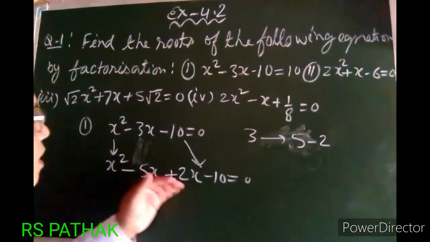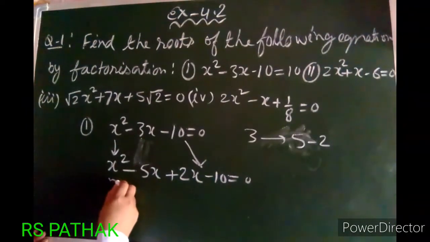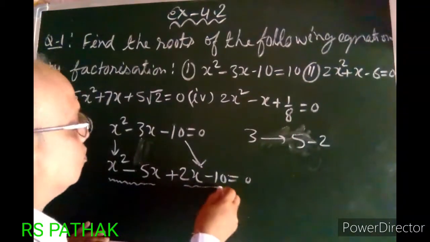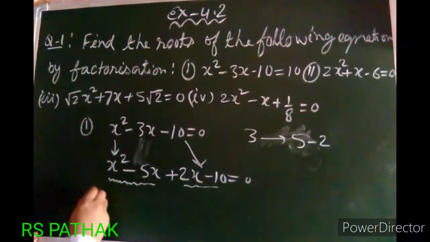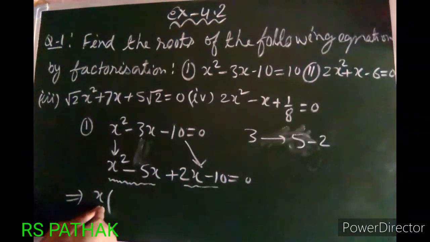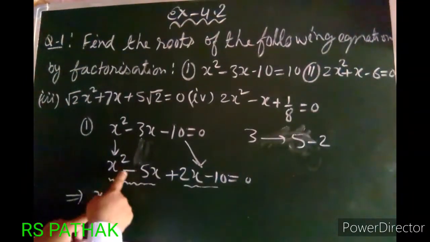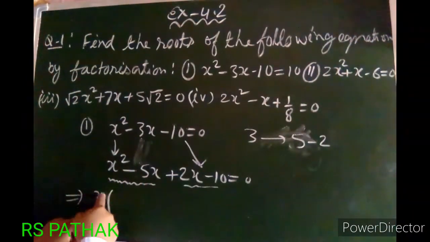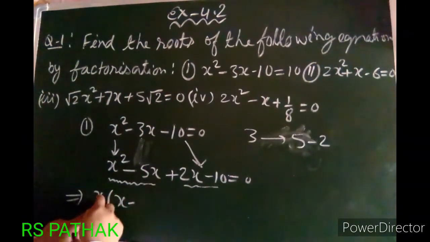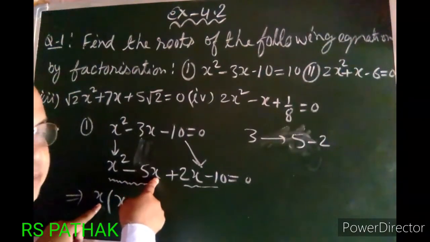After breaking, we have two groups. We have to make two groups from this 2 and from this 2. In this group, x is common. After taking x common, it will divide the two terms. x will divide x square, x will remain, minus will be same, x will divide x, cancelled, 5.